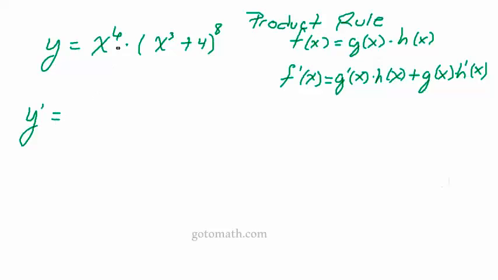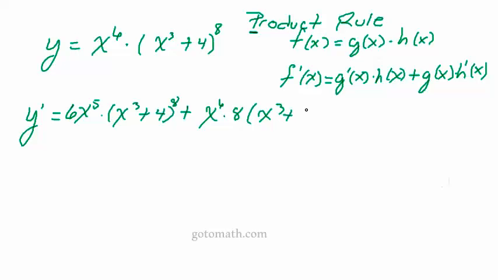Y prime is equal to, so we take the derivative of the first function, 6x to the fifth, rewrite the second function, x cubed plus 4 raised to the 8th power, plus, okay, think of product, think of plus, p for plus, and then rewrite the first. Then x to the 6 times, and then we'll bring the 8 front, x cubed plus 4, rewrite everything in parentheses, remember subtract 1 from the exponent.